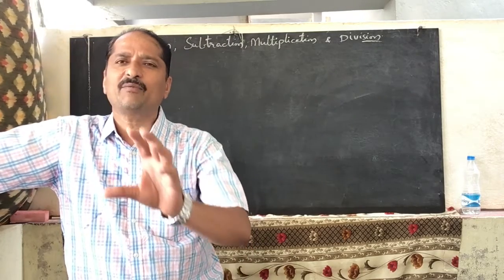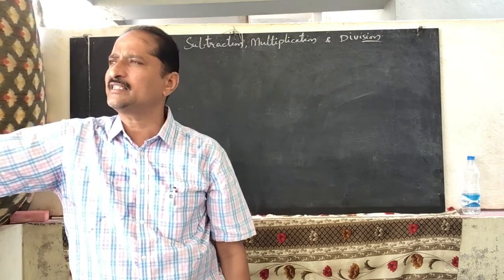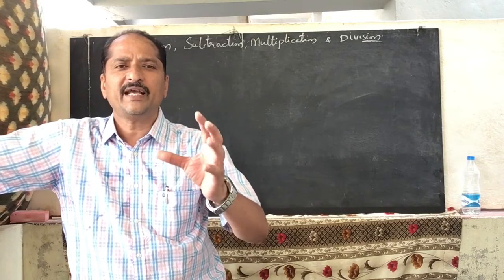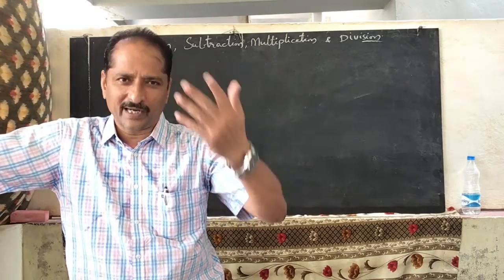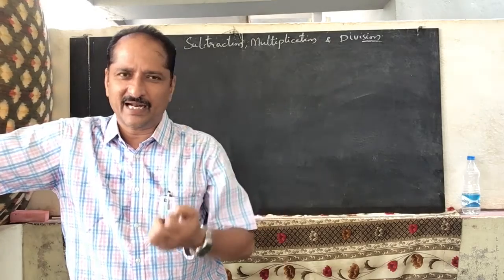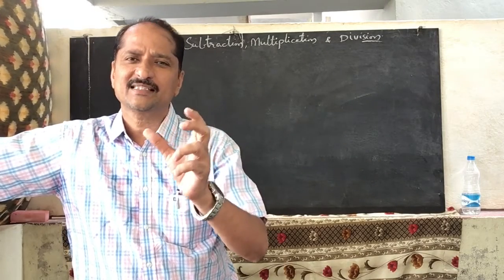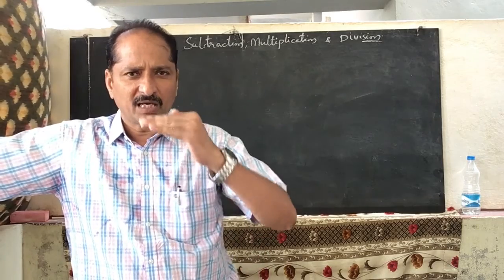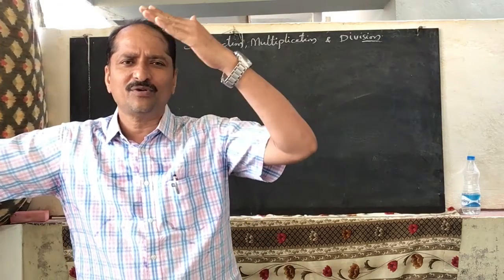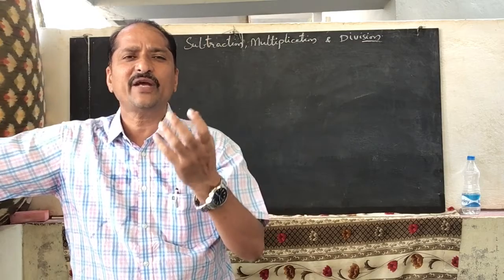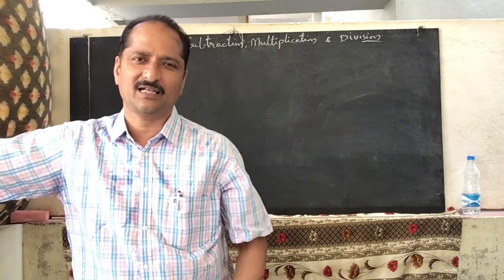Now let us see about addition. Addition means if we take two or more numbers, they can be added. If you are adding two or more numbers, you will get a sum. From the lower class up to 7th class, how can you add numbers, that we can learn now.